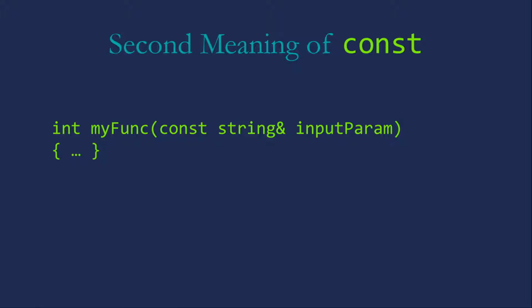I've passed this input param by reference, so it could be modifiable, but I've included this keyword const. When we do that, the compiler won't allow us to modify the parameter in the function in any way. We can't assign into it, we can't pass it as a parameter to another function unless it's a const parameter to that function. It's basically a way to tell the compiler, hey, make sure I don't accidentally change this.